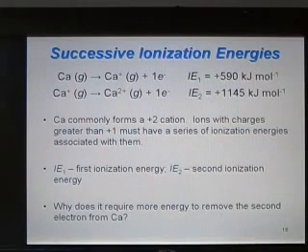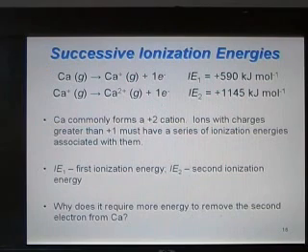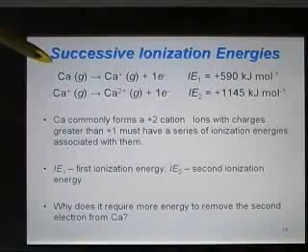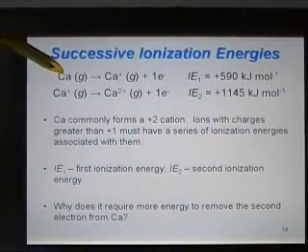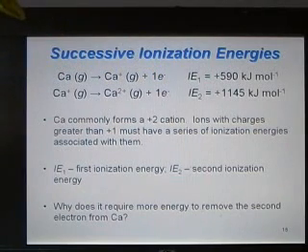Now, when we look at forming something like a 2+ cation, we must remove 2 electrons from something like calcium. So when we convert calcium gas to calcium 2+, we must do it in 2 steps. First, convert calcium gas to calcium 1+ gas by losing an electron.